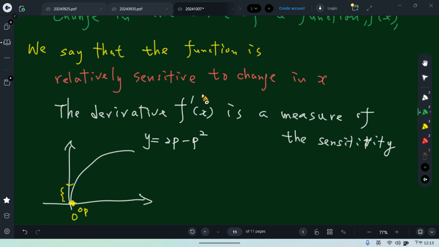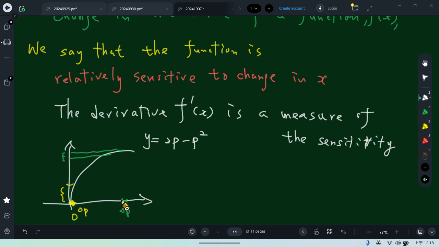But here, if you have the same small change, you just get a very small change. The green one is much smaller than the yellow one, but with the same change. So you can see the sensitivity here is much less than there.